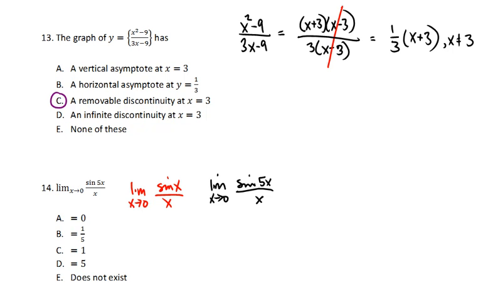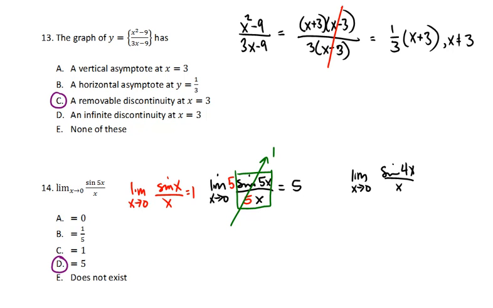So starting with the limit as x approaches 0 of sine of 5x over x, we would need to get a 5 in the denominator. But to do that, we'd also have to multiply the numerator by 5. And when we do that, we get sine of 5x over 5x. That limit is 1, just as the limit as x approaches 0 of sine x over x is 1. And 1 times 5 would be 5.